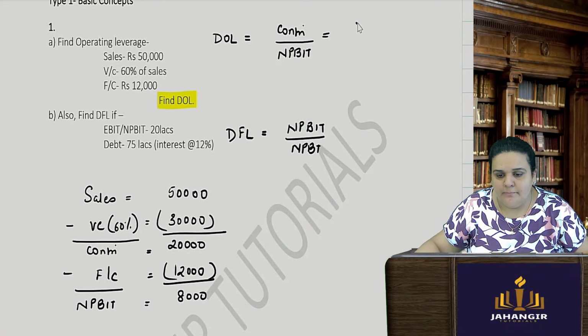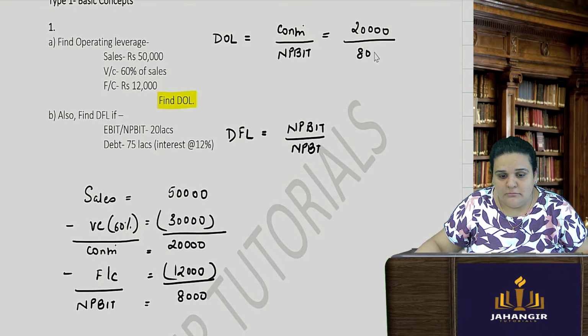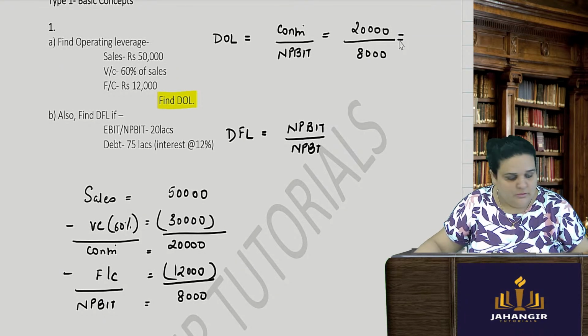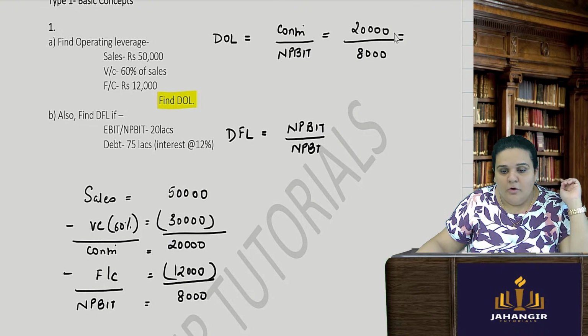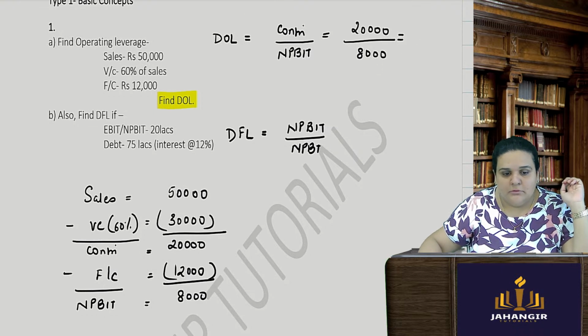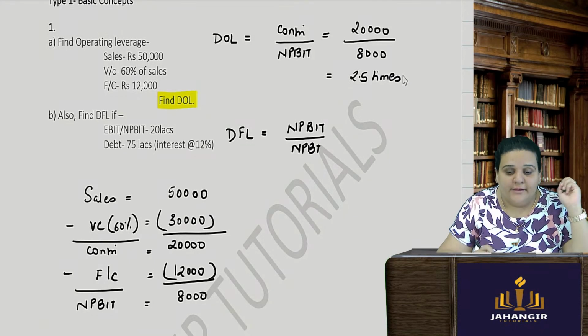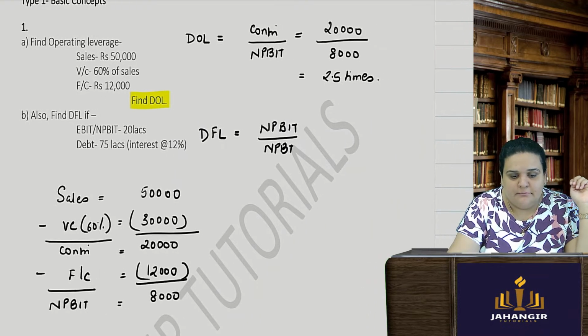Contribution is 20, NPBIT is 8,000. So my degree of operating leverage, if you calculate this, will come to 2.5 times. I hope you all are following with me. 2.5 times.